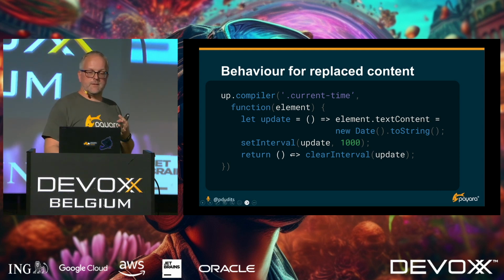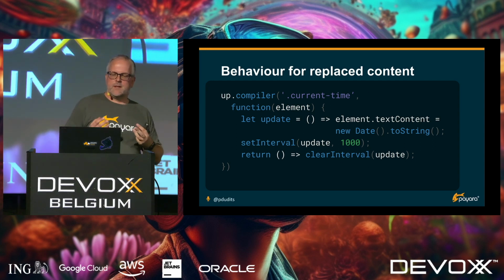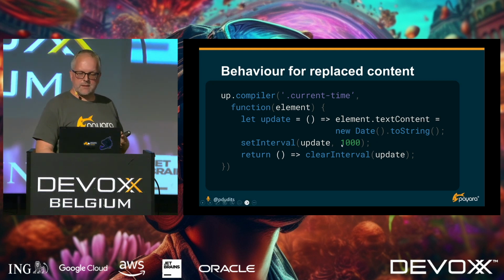And this compiler function can return the cleanup code. So especially here, if you do it by hand, what you will end up with is that the interval will not be cleared if you just remove the element. That would lead to memory leaks and the application slowing down. So this is the way to do it in Unpoly.